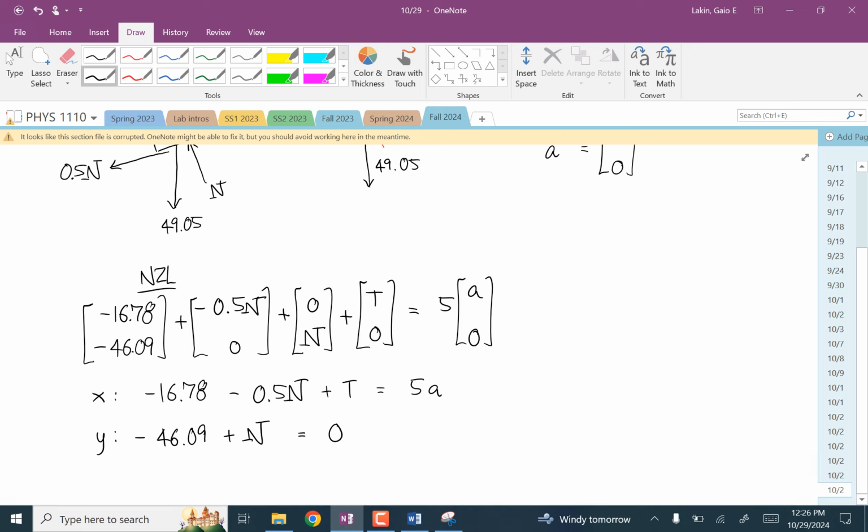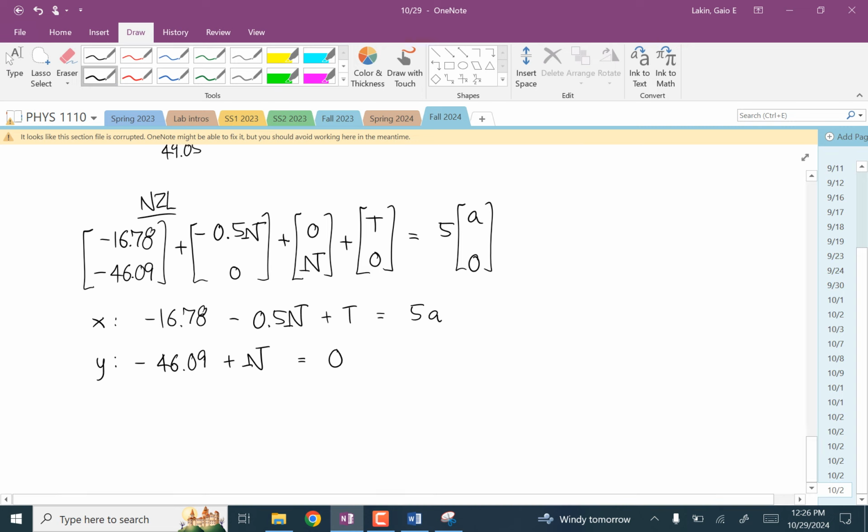For any friction problem, just like we did with the last problem, we're going to figure out N from the y equation and then plug it into x. So we get N is equal to 46.09. And then we'll plug that into the x equation.